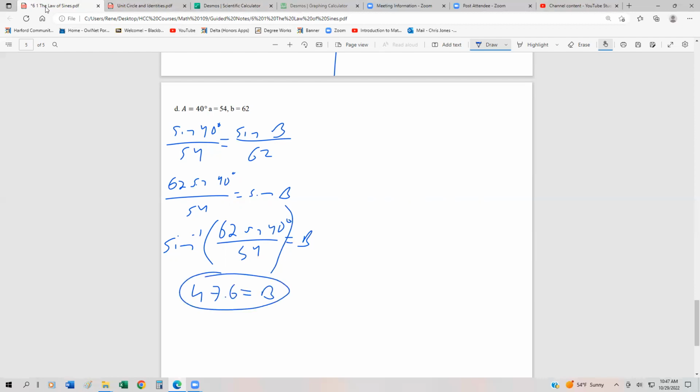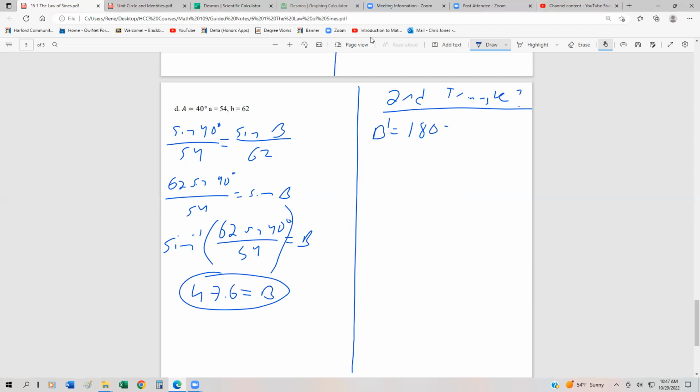Now, is there a second triangle? We know that our B prime could be equal to 180 minus 47.6 degrees, or B prime might be equal to 132.4 degrees, if a second angle exists.